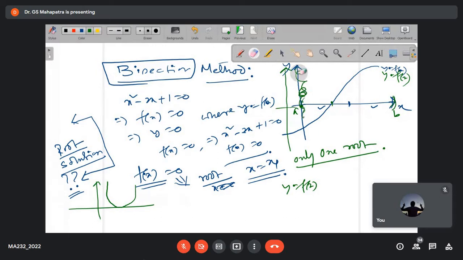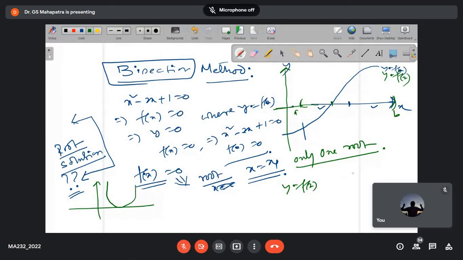Initially we have told this is A. So now, how many roots are there between A and B?